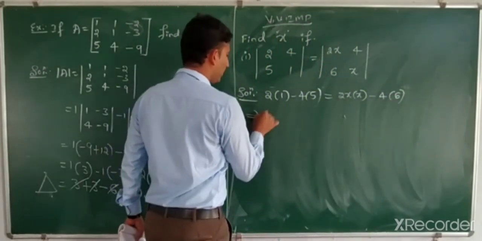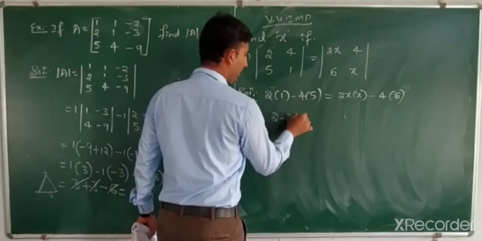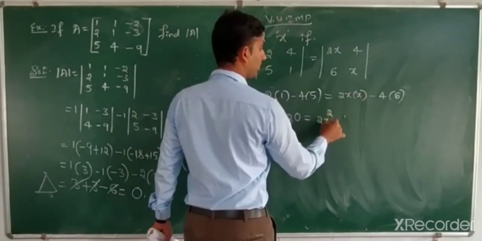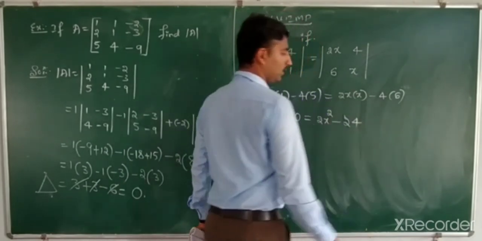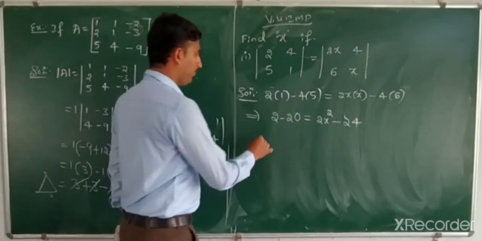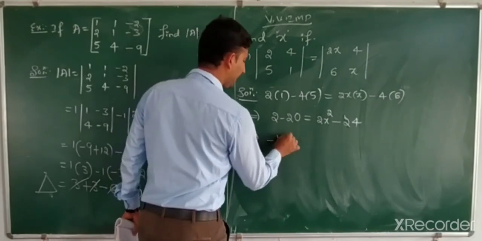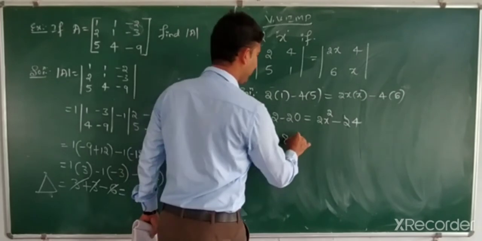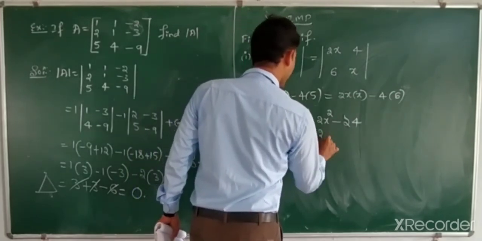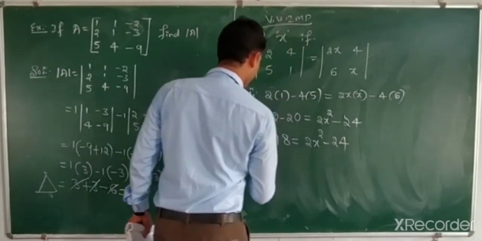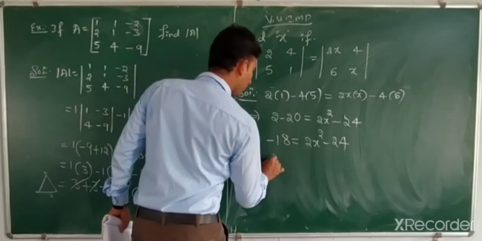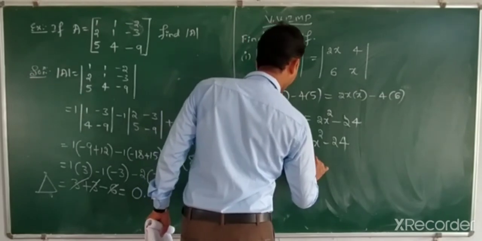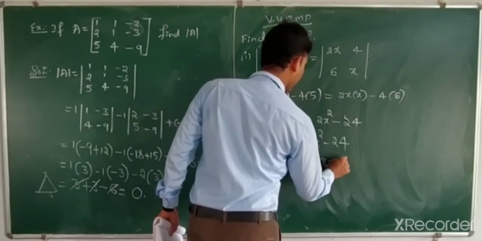That implies 2 minus 20, which is minus 18, is equal to 2x square minus 24. Then 2x square minus 24 plus 18 is equal to 0.